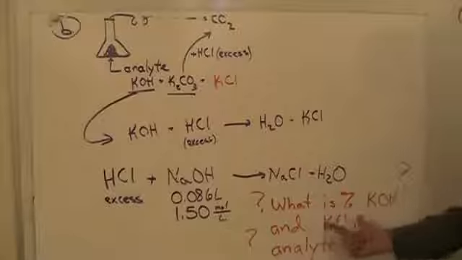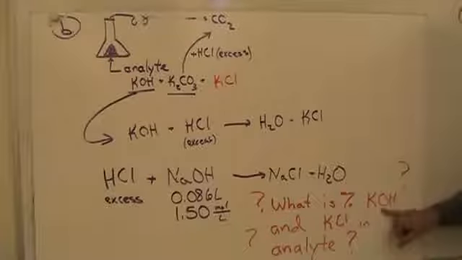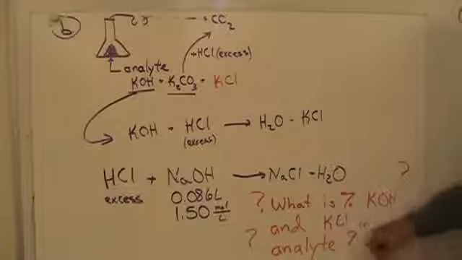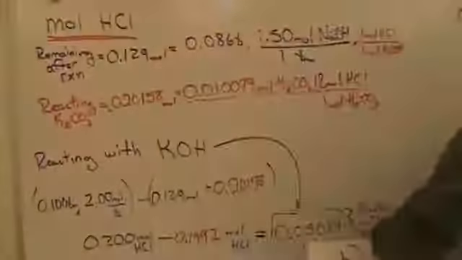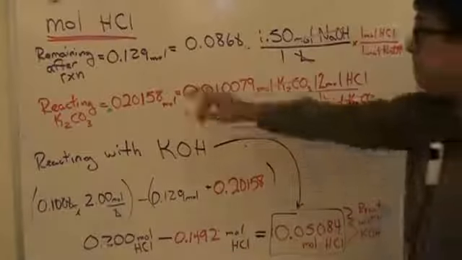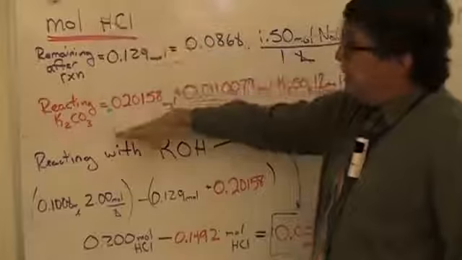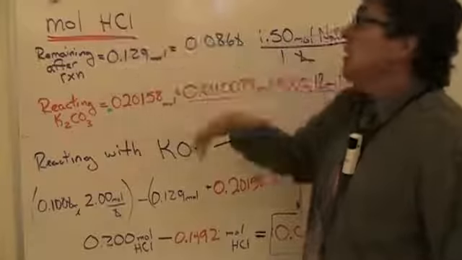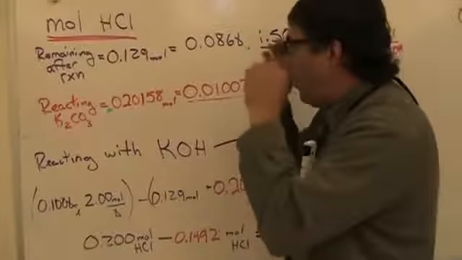So now we should be able to answer the percentage of potassium hydroxide and potassium chloride in the analyte. So let's go on and look at that a little more closely. I started it like this. What I'm doing here is tallying up all the things that hydrochloric acid were used for in this problem.